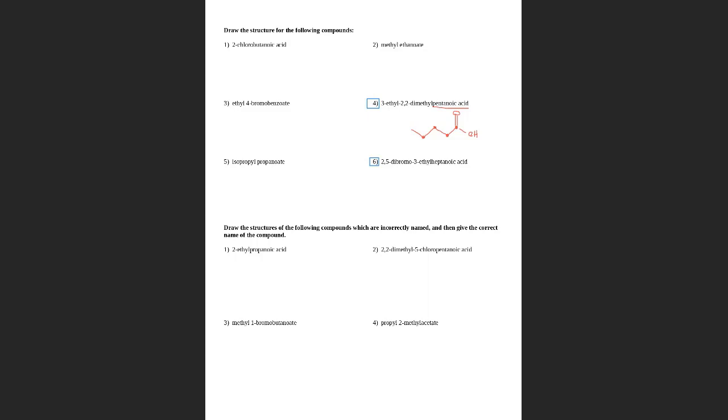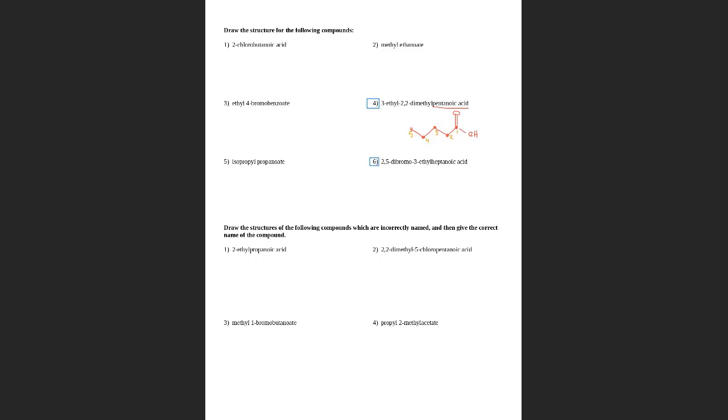But then it says there's 3-ethyl. So on carbon number 3, I'm going to put a 2-carbon branch on it. I'm going to change the color. And actually, I may just go ahead and number these carbons first. 1, 2, 3, 4, 5.